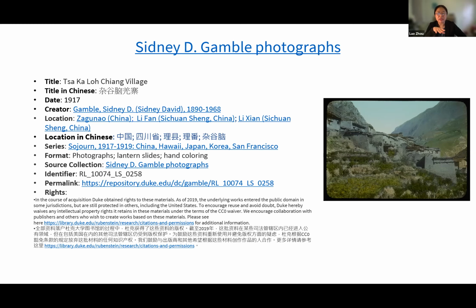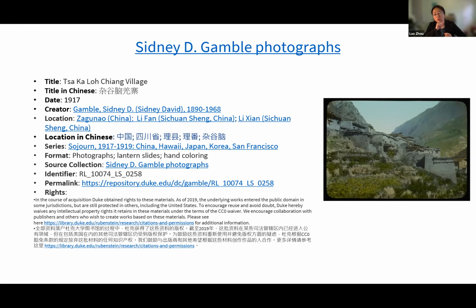What's unique here is the location information, especially the two names: one is Li Xian, one is Li Fan. When Gamble visited the place, it was called Lifan. That was its old name.